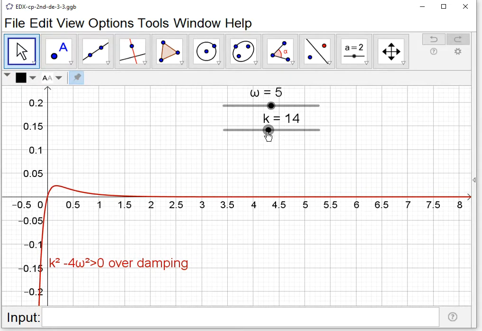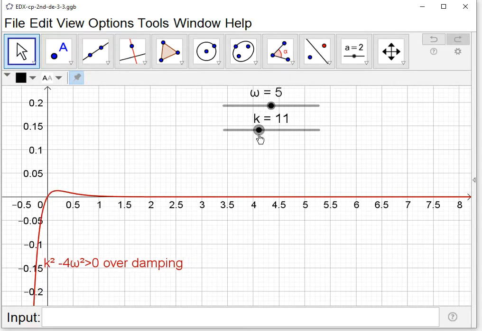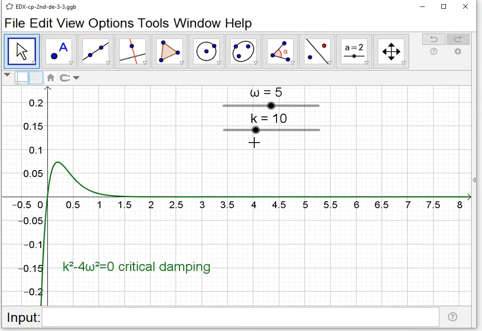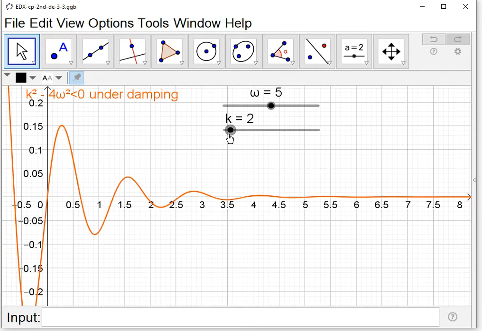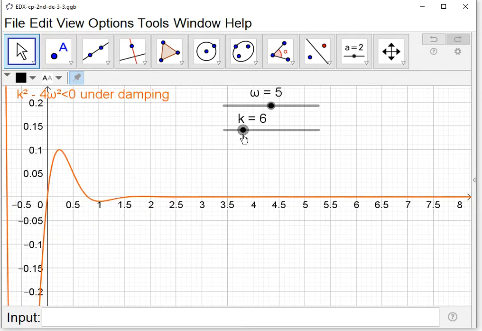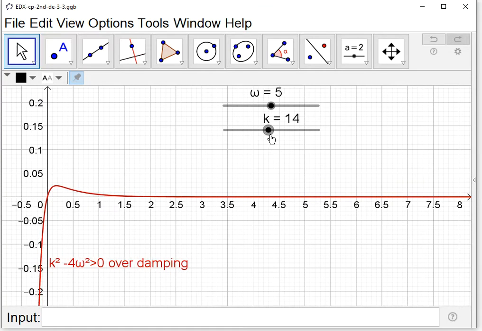If I go to k equals 10, however, we have a slightly different situation, which is called critical damping. Now the discriminant is 0, and we are at the cut-off point, if you like, the boundary between the underdamping, where we get quite a lot of decaying oscillations, and overdamping, where the discriminant was positive.